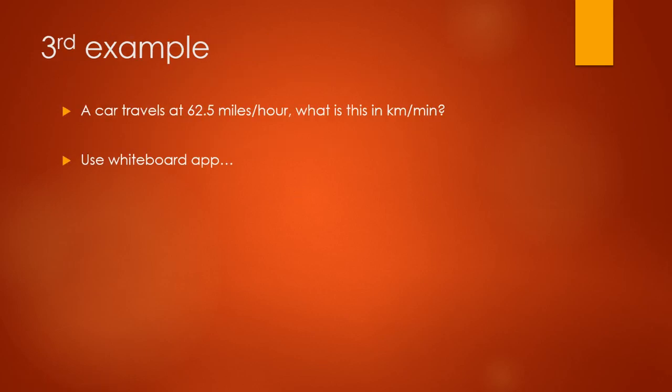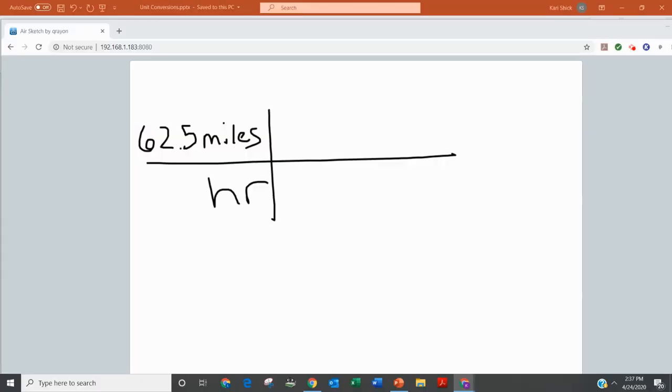So another example, a car traveling at 62.5 miles per hour. How do we convert this to kilometers per minute? So when we take this, we have 62.5 miles per hour.